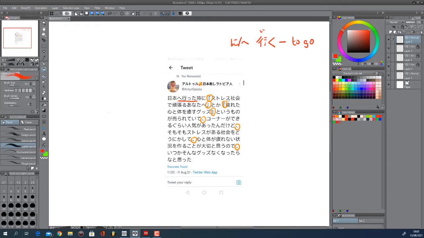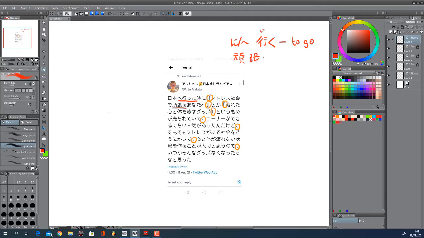We have ストレス会社で頑張るあなたへ. I'm not going to translate this yet, but this is a verb, 頑張る, which is to work hard. So this is 頑張る. Sorry if my kanji drawing isn't up to scratch.